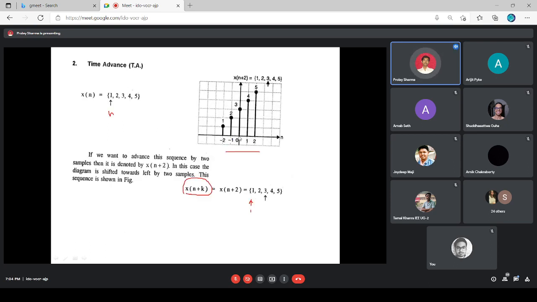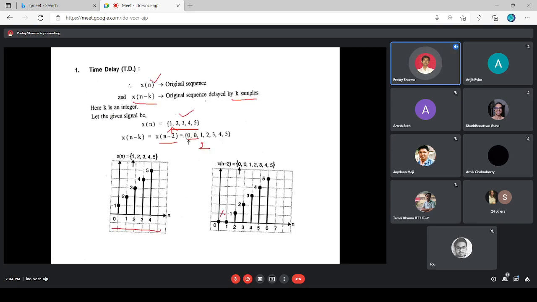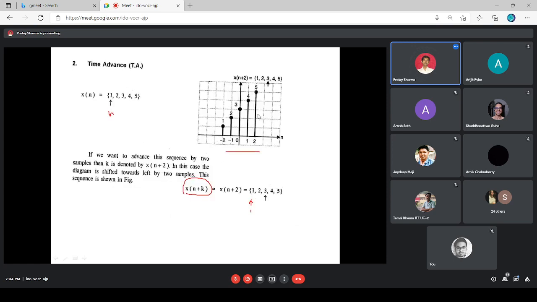Advance means the signal was supposed to start from 0, but the signal has already started from minus 2. This kind of operation is also called a shifting operation. This signal is shifted towards the right hand side by 2 units. This signal is shifted towards left hand side by 2 units.